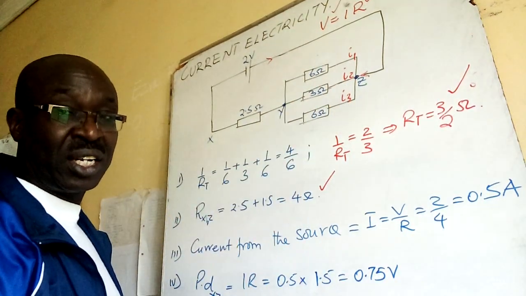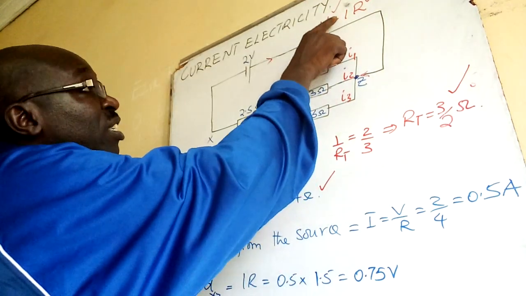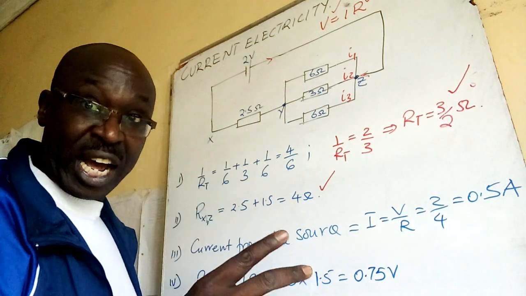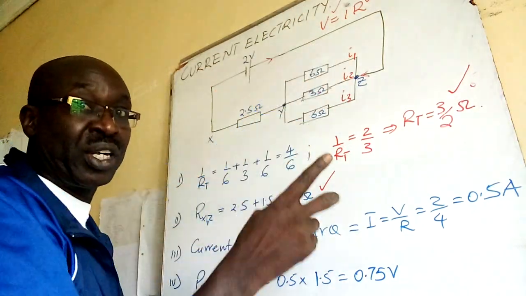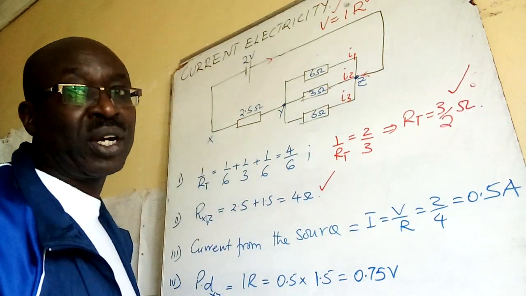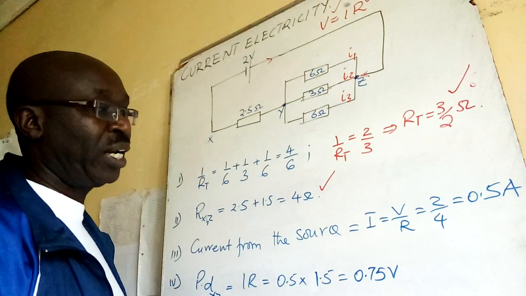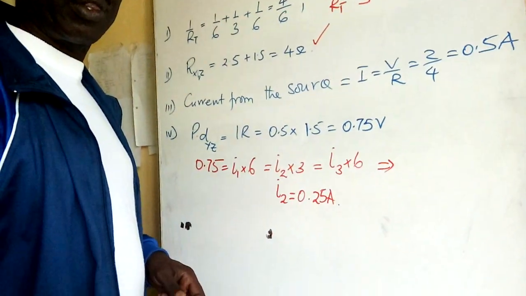Before you get it, remember the core thing is V is equal to IR. So anytime you are asked, you quote this formula. 2 components will be given, then you look for the third one, the one which is missing. I have an example here. We again focus down there.